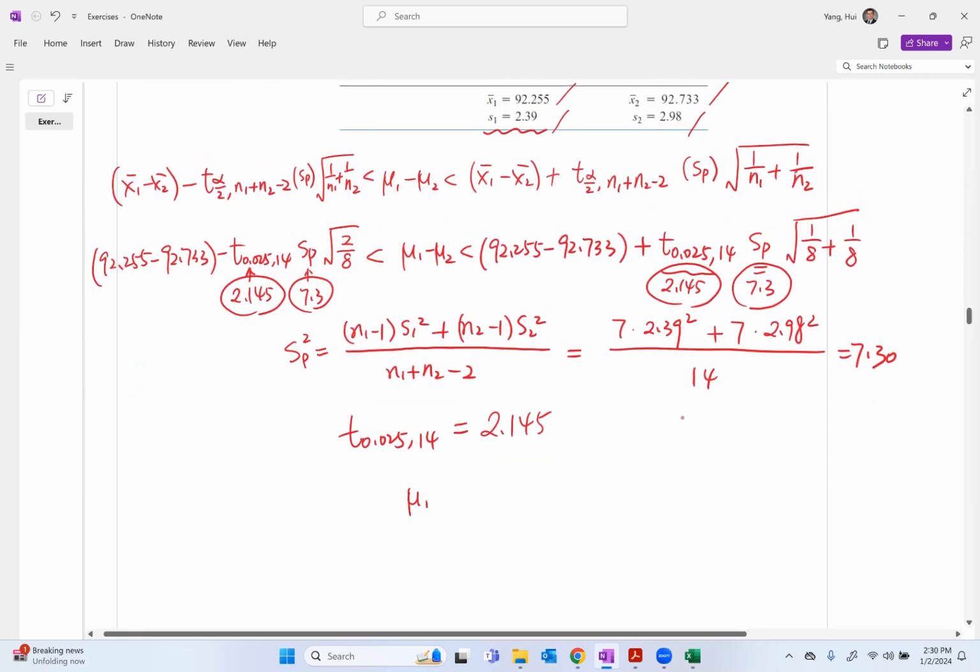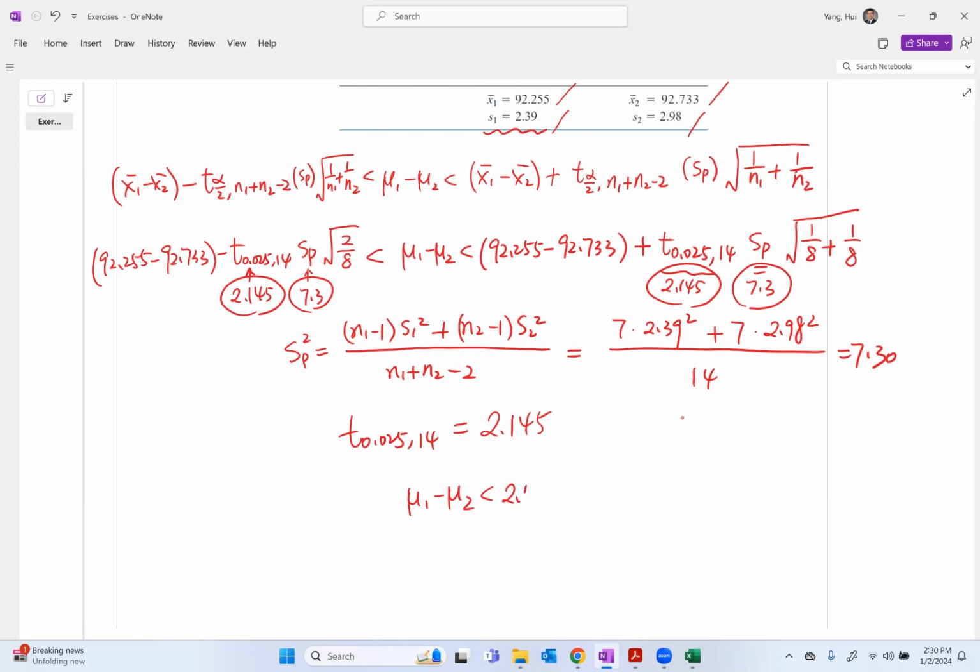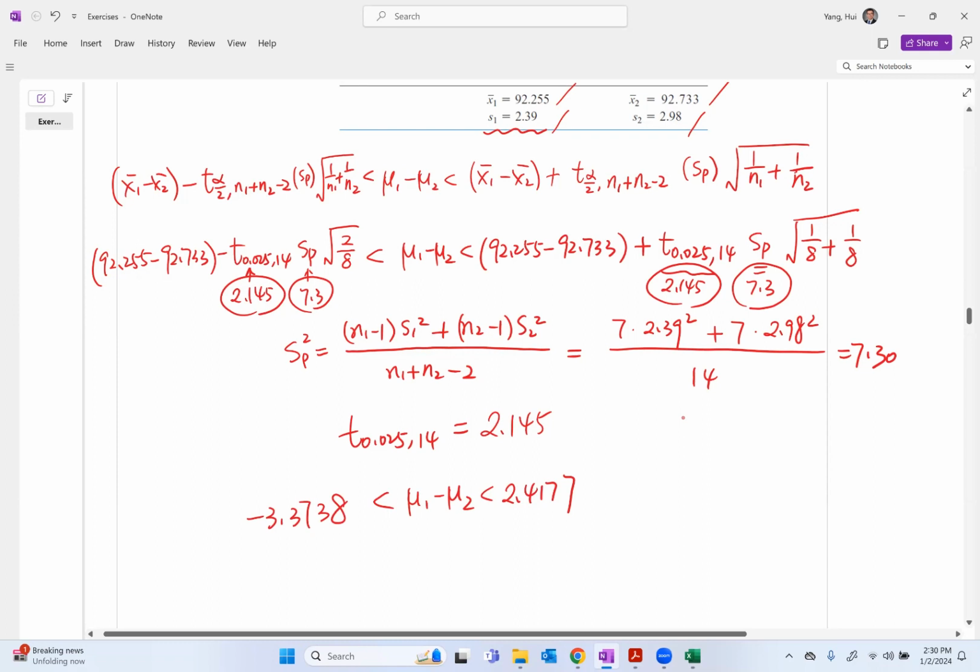We got mu1 minus mu2 less than 2.4177 and greater than minus 3.3738. So in this confidence interval, 0 is part of this confidence interval.